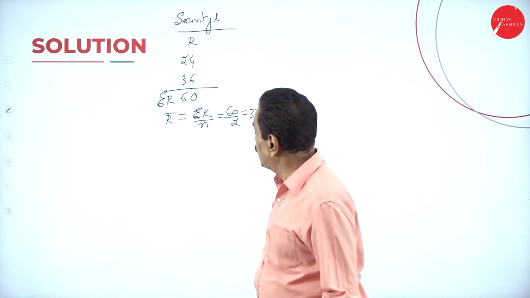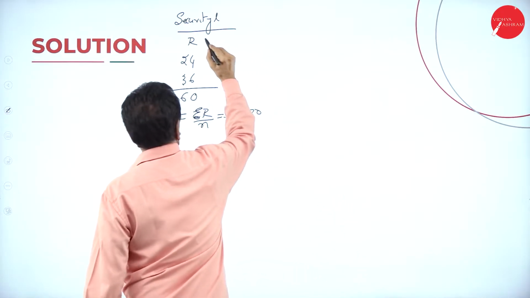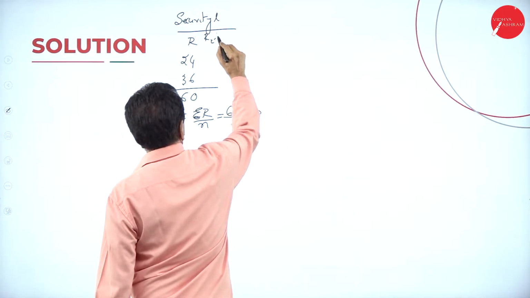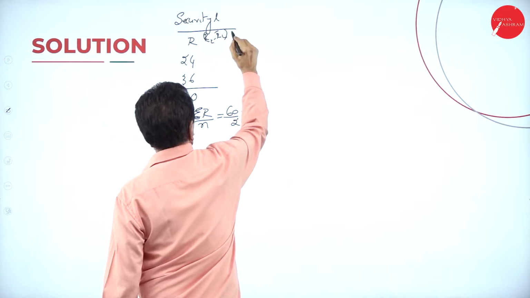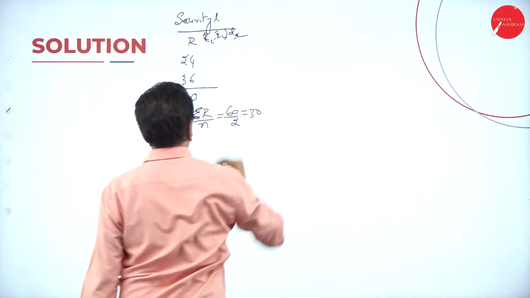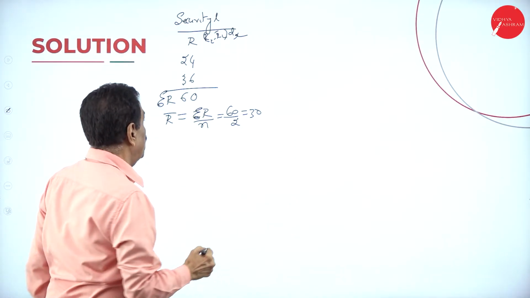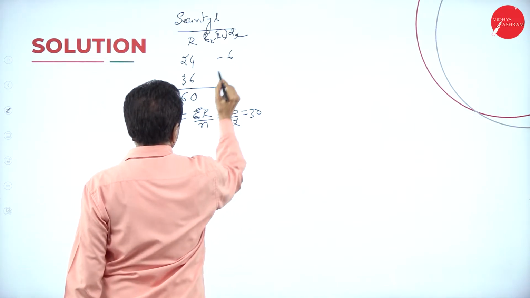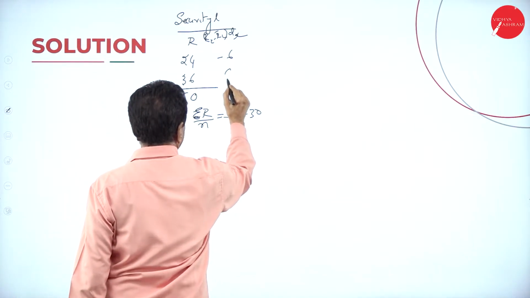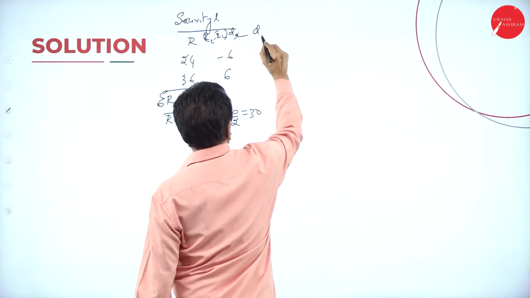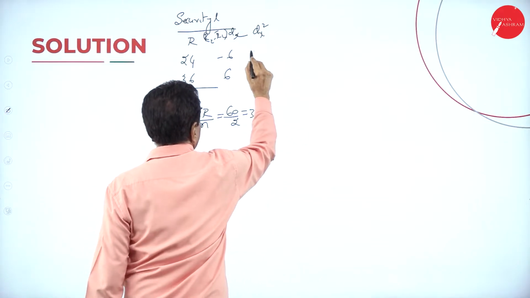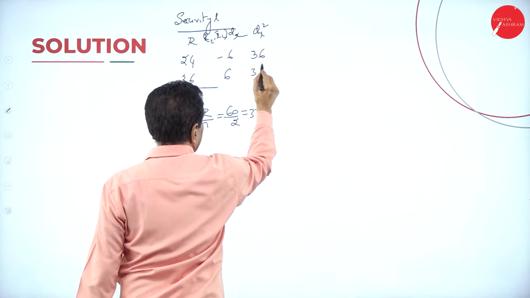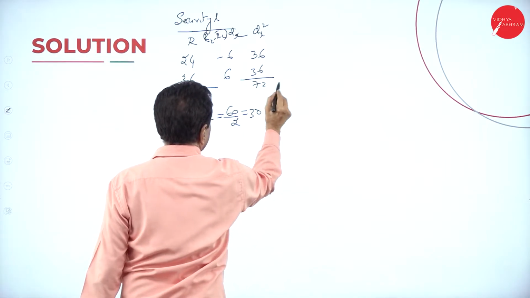Take the deviation now, RL minus R mean L. You call this dx. 24 minus 30 means minus 6. 36 minus 30 means plus 6. dx square is 36, 36, total 72.